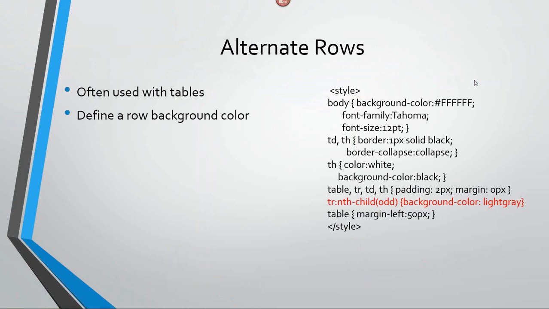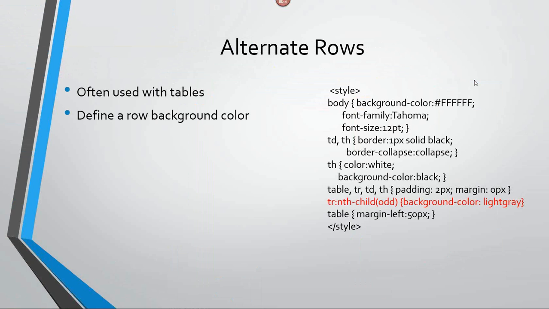All right, so let me quickly show you how you might want to do alternate rows. Often this is done with tables. We're going to define in our style, and on the right side there you can see the style definition. This is something that I would put directly into the script file, and I've highlighted in red the line in general here. I want to say for every odd nth-child row, I'm going to set the background color to a particular color.